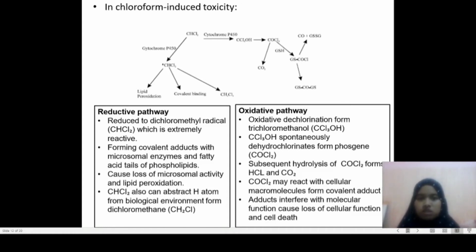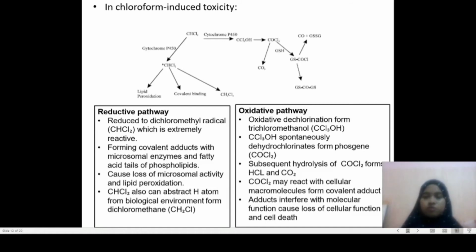The adducts will cause loss of microsomal activity and lipid peroxidation. The CHCl2 also can abstract H atom from biological environment to form dichloromethane, CH2Cl2.